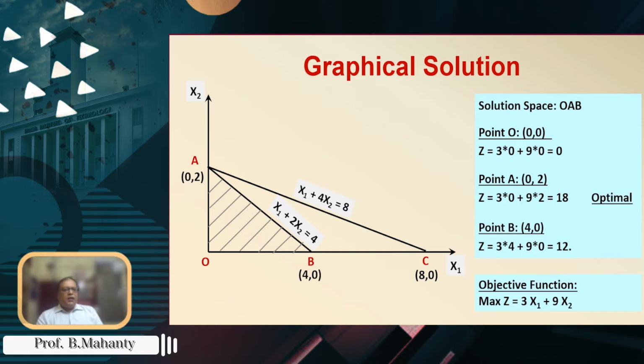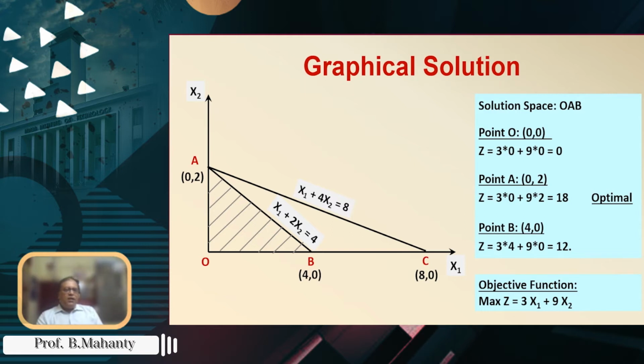This line is x1 plus 2x2 equal to 4, and x1 plus 4x2 equal to 8. So where are the 6 basic solutions? You see, we could see only 3 basic feasible solutions, and there is a fourth point, C. So how many points are we seeing?